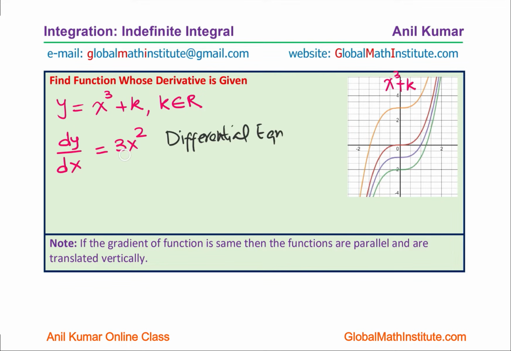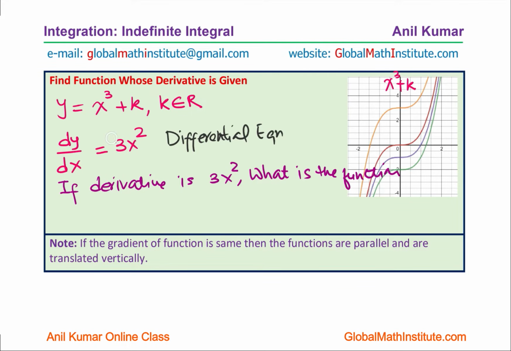We know the derivative is 3x squared. The question now is, if the derivative is 3x squared, what is the function? You get the idea. We want to find what y is when 3x squared is the derivative.